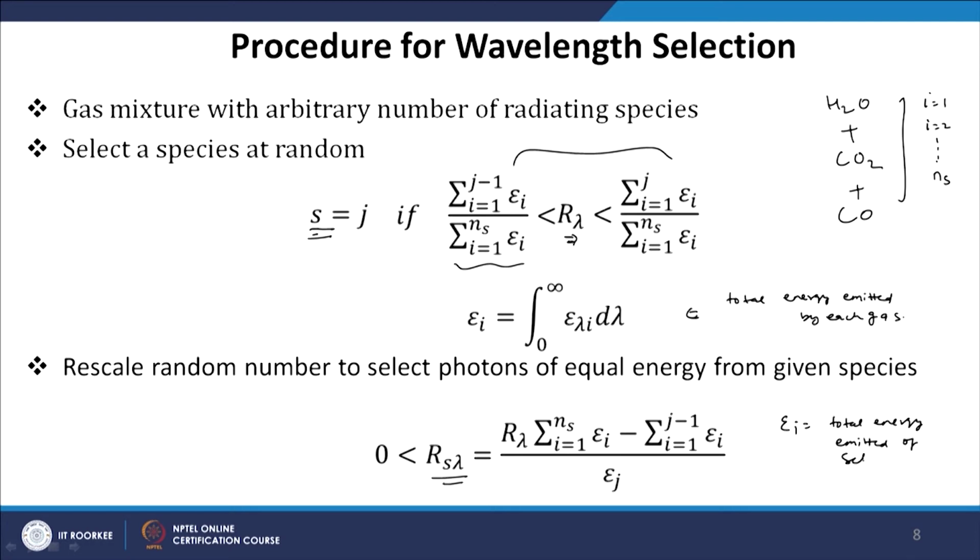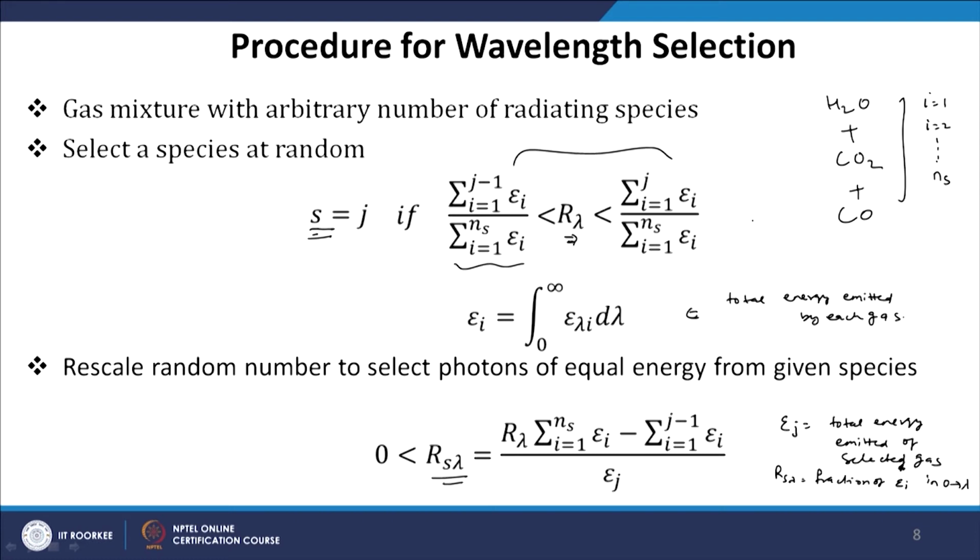of the selected gas. So, if gas number j is selected, then epsilon j is the total amount of energy of the selected gas. Okay. Rs lambda is the fraction of epsilon j in the 0 to lambda range. So, now we are taking the fraction with respect to that particular gas.